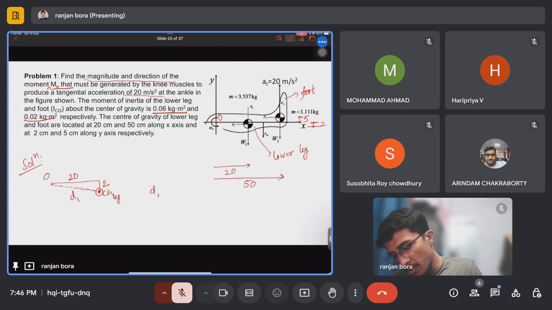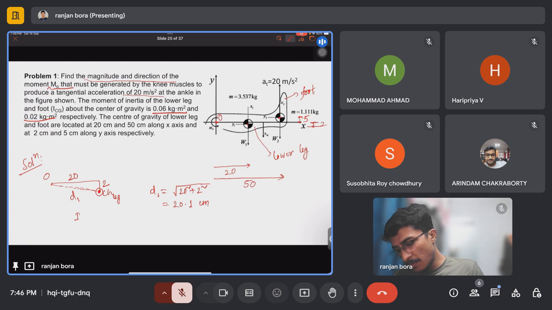So we have d1 equal to square root of 20 square plus 2 square, which is almost 20, it is coming as 20.1. So d1 is 20.1.